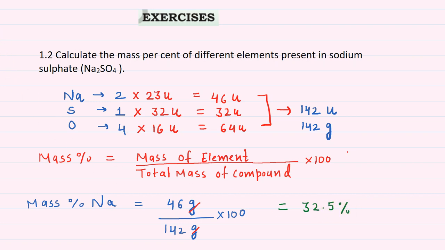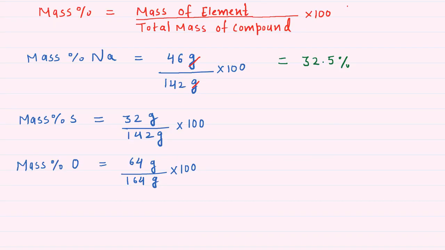In a similar way, we can substitute the values for sulfur and oxygen. On solving, we get the mass percent of sulfur equals 22.5% and mass percent of oxygen will be equal to 45%. These are the answers.